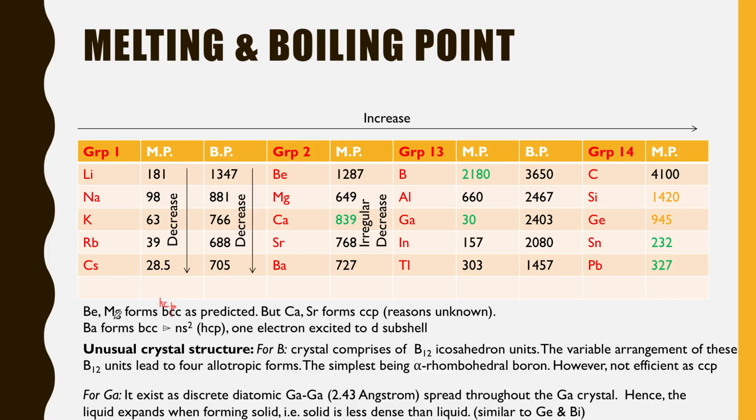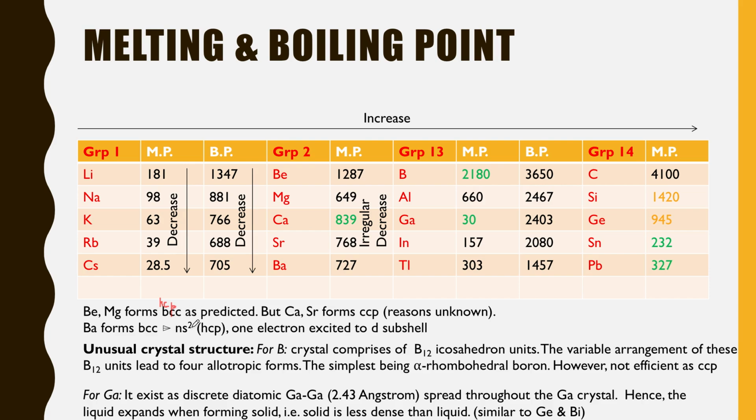Another observation that you can make in terms of crystal structure is that barium in the ideal case should form an HCP, right? HCP structure is what you will expect for a group 2 element, but barium forms a body centered kind of arrangement. Now, body centered can be formed only when the number of s or p electrons is less than 1.5. Now, how is that possible here?